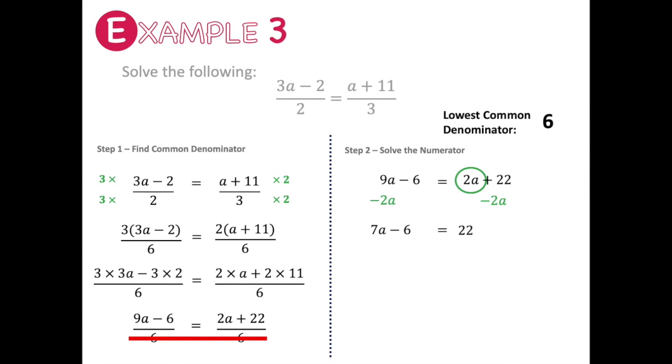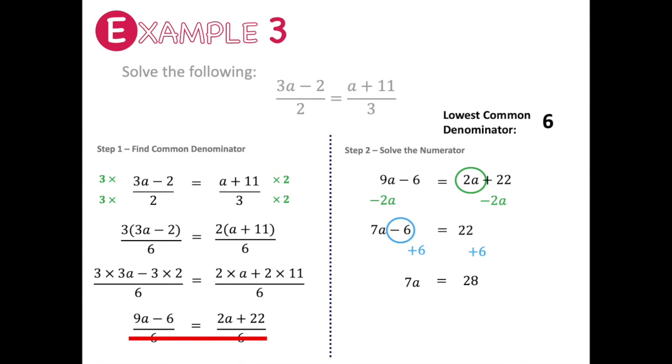Now that I've got all my a's onto one side, I continue to apply my reverse BIDMAS order. I look at subtract 6. The opposite of subtracting 6 is to add 6, so add 6 onto both sides. So 7a is going to equal 22 plus 6, so 28.